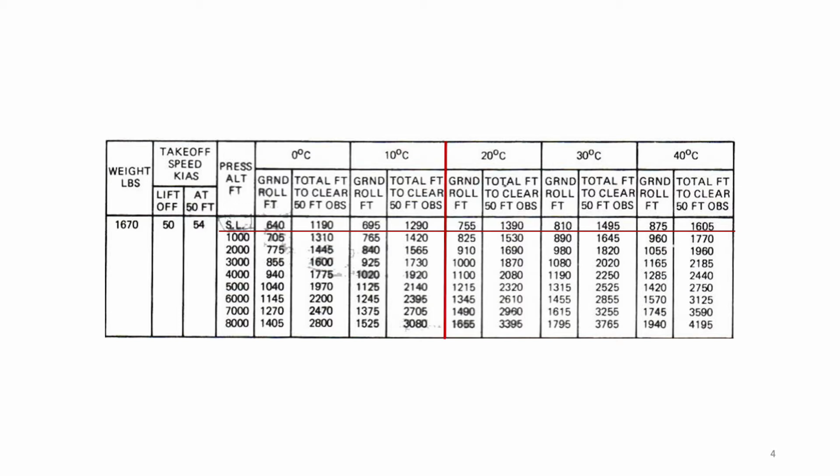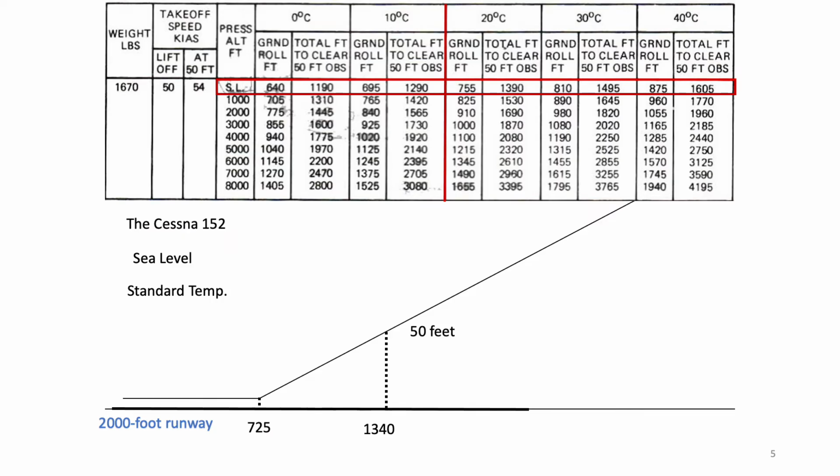And so the outside temperature is 15 degrees C, which is standard at sea level, which is inconveniently right between these two columns. But if we do the math, the numbers that fall between those two columns for this row that represents sea level is a 725-foot takeoff roll and about 1,340 feet to clear a 50-foot obstacle.